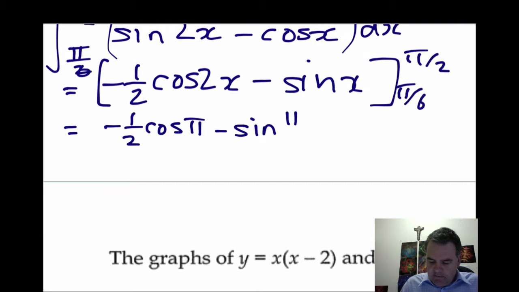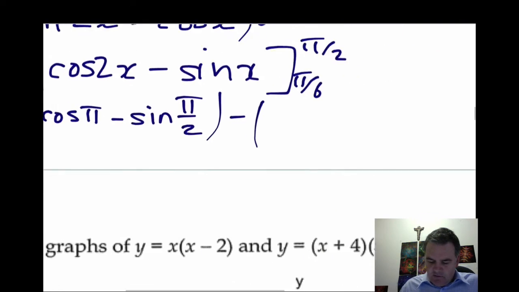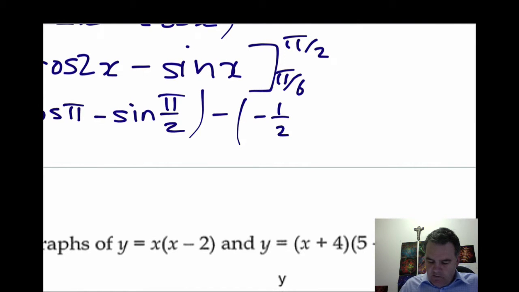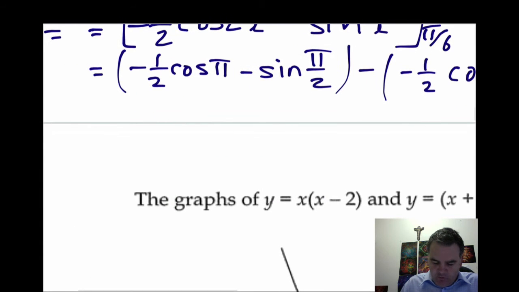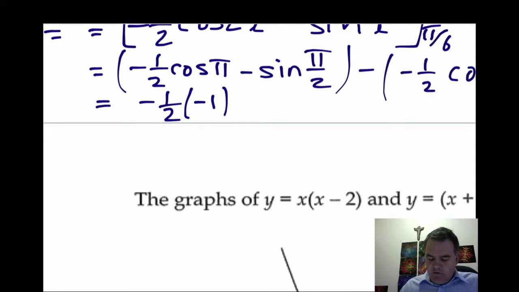You've got to be really careful at this step that you don't make a mistake. Really easy to make a mistake here. Negative a half cos 2 times pi over 6 is pi over 3, minus sine pi over 6. So just go through all these really carefully. So negative a half, cos of pi, cos of 180 degrees is actually negative 1. Sine of 90 degrees is 1.